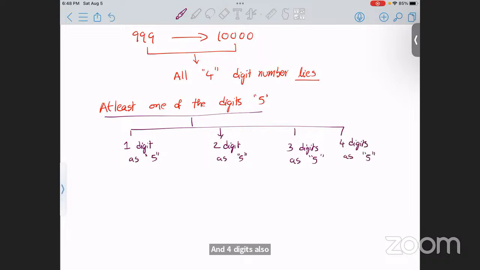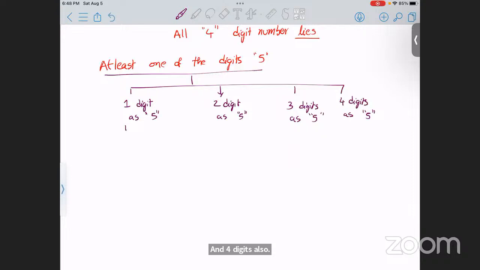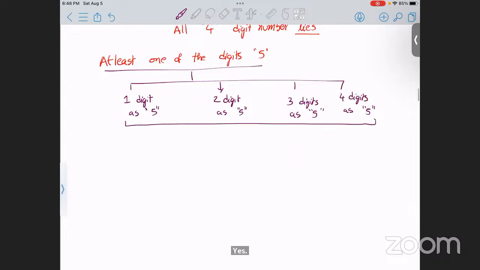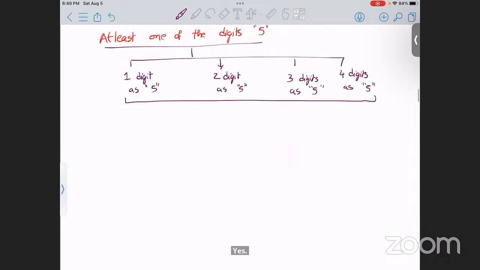Yes. I need to consider 4 cases. What is the other case? Let us see in the opposite. At least one of the digits is 5. Let us consider no 5s in a 4-digit number.